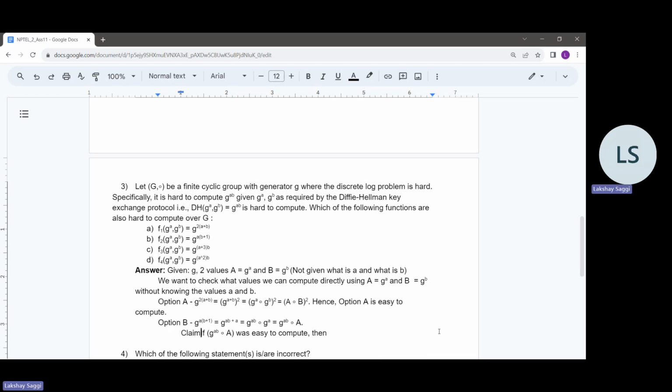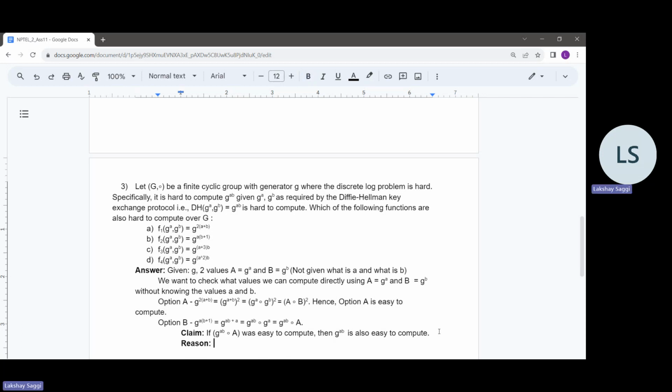So in this option B, my claim is that if g raised to the power ab times A was easy to compute, then g raised to the power ab is also easy to compute. And why is that? What's the reason for this?